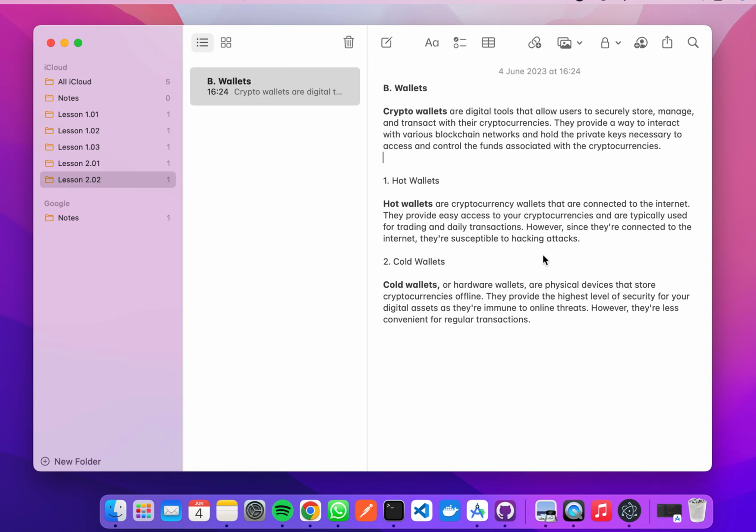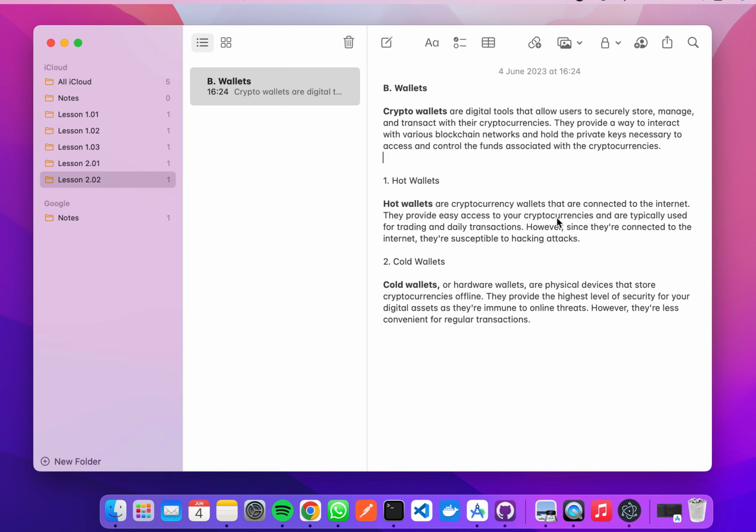Just like you have your bank account or bank account number, and if you have access to your bank account, you can send, store, and manage your currencies. So it's still the same concept. It's not really different just because they are crypto wallets.